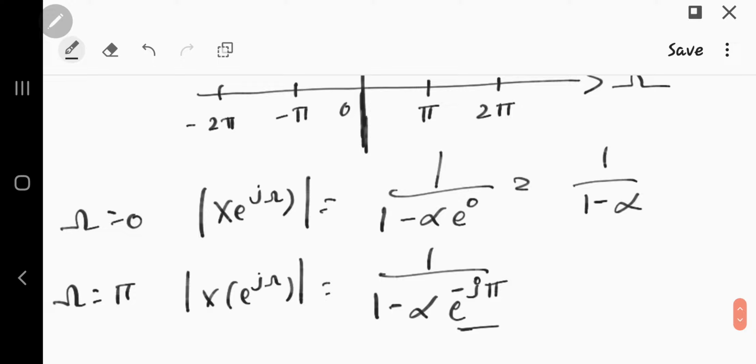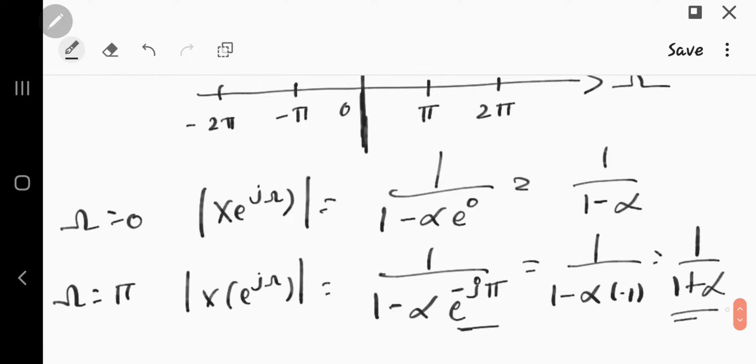Now this term, if you convert into the trigonometric form, you will get cos pi minus j sin pi. Cos pi is minus 1 and sin pi is 0. So you will get 1 divided by 1 minus alpha into minus 1, that is 1 by 1 plus alpha.